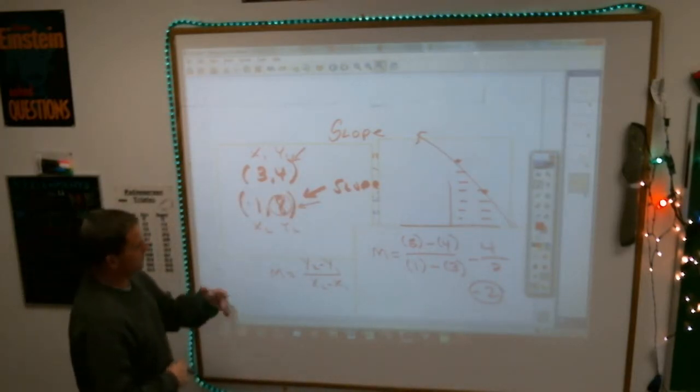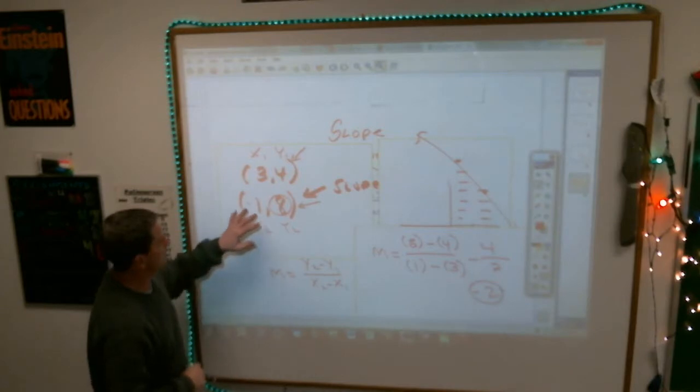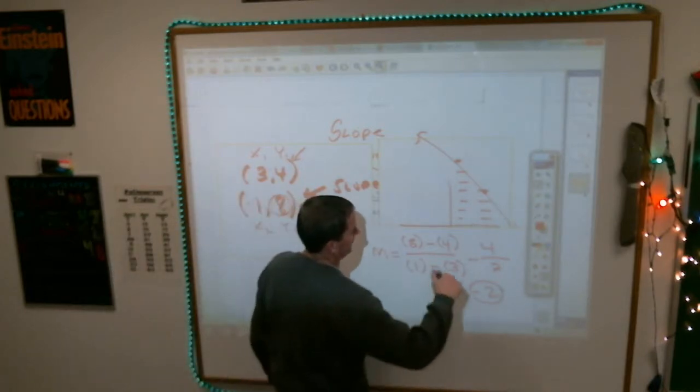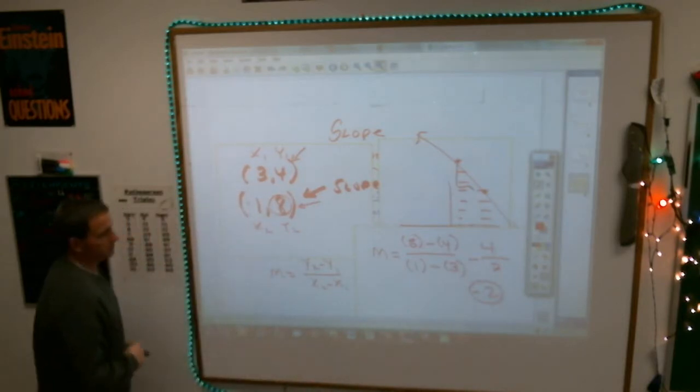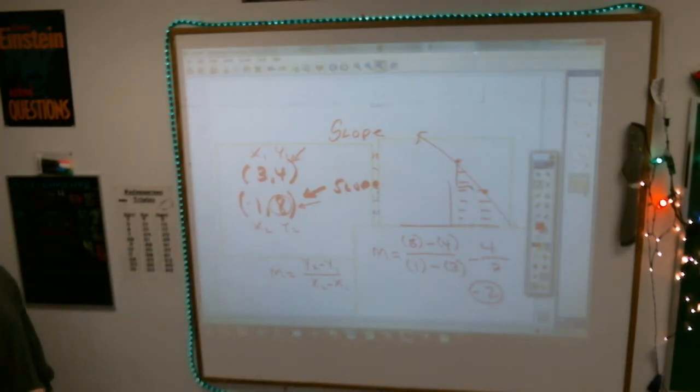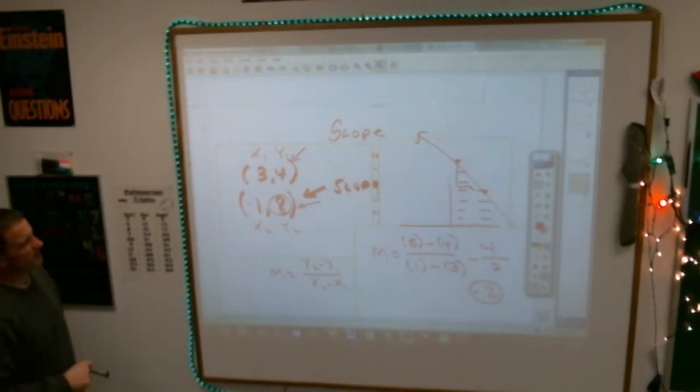And had I done this, did I do that right? If I had drawn my thing right, I'm sure I would have come up with a triangle that was 2 over 1. I'm sure I goofed up somewhere there. What did I do? I should have come up closer than that.